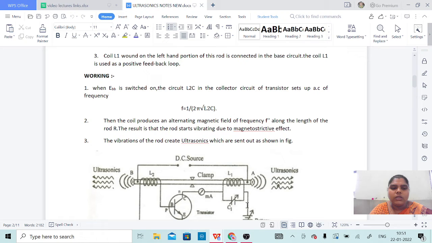Then the coil produces an alternating magnetic field of frequency f along the length of the rod.